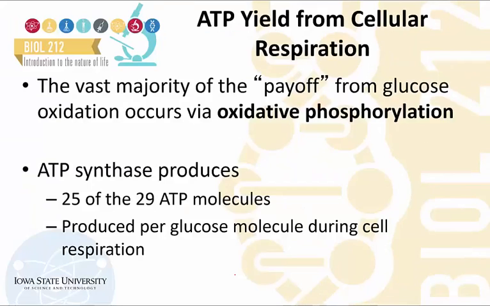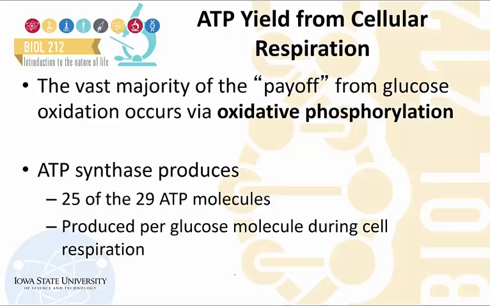Thus, oxidative phosphorylation is the stage where the vast majority of the payoff from glucose oxidation occurs. ATP synthase produces 25 of the 29 ATP molecules produced during cellular respiration.